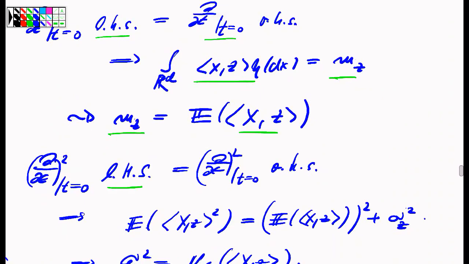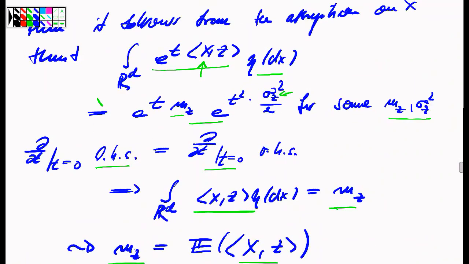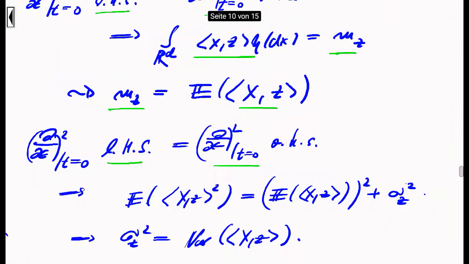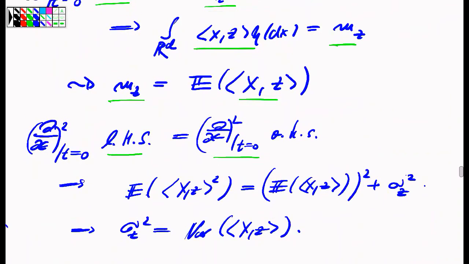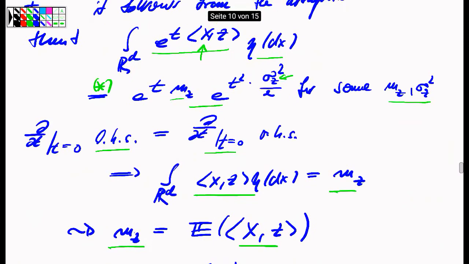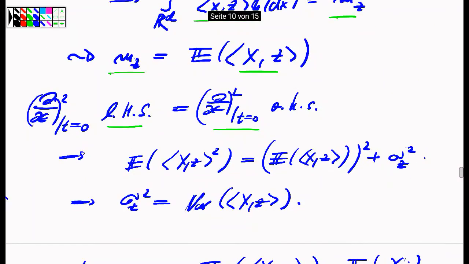We can also take the second order derivative of the two functions which appear in this identity star on both sides. Then the second order derivative on the left hand side produces the expected value of x projected onto the z direction squared.